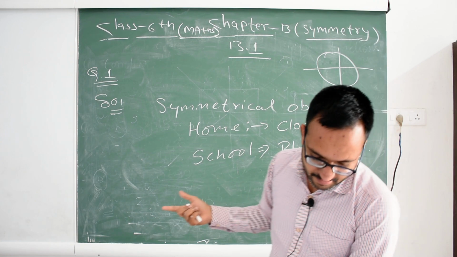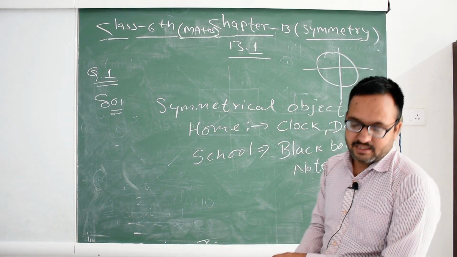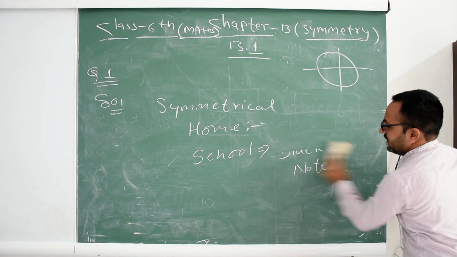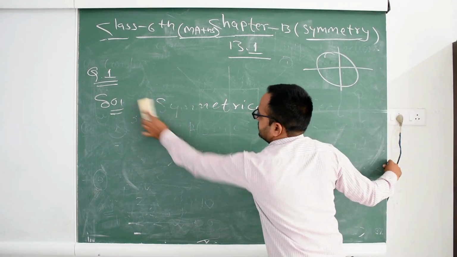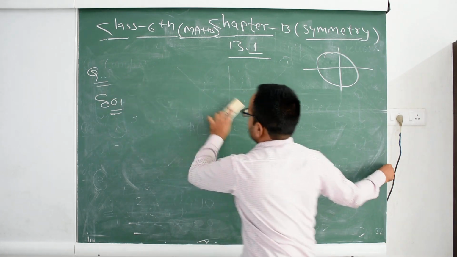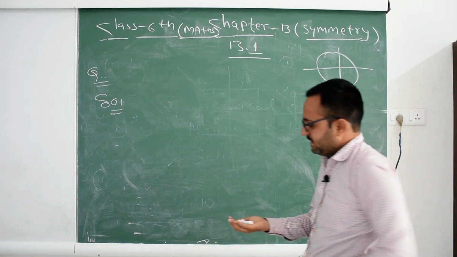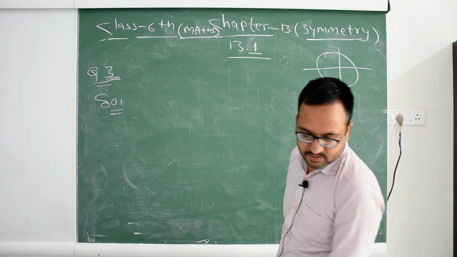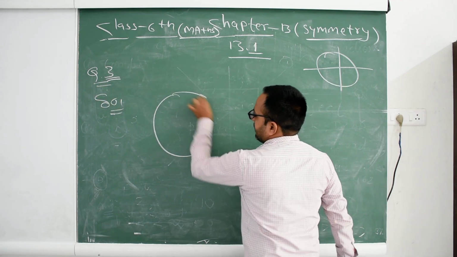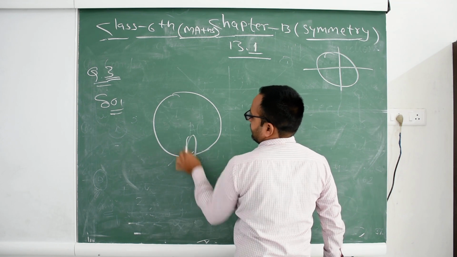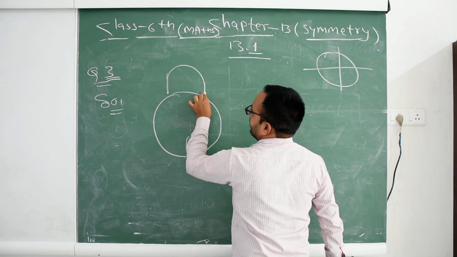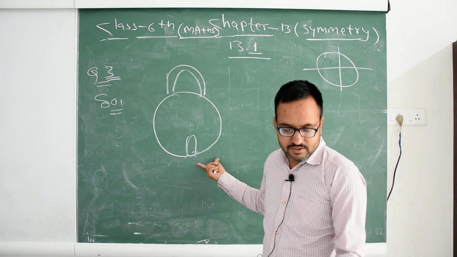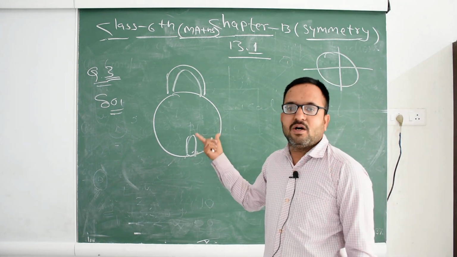Now question number 3: identify whether the shape or object is symmetrical or not. We have different shapes, or objects. First we have a lock. Is this symmetrical or not?